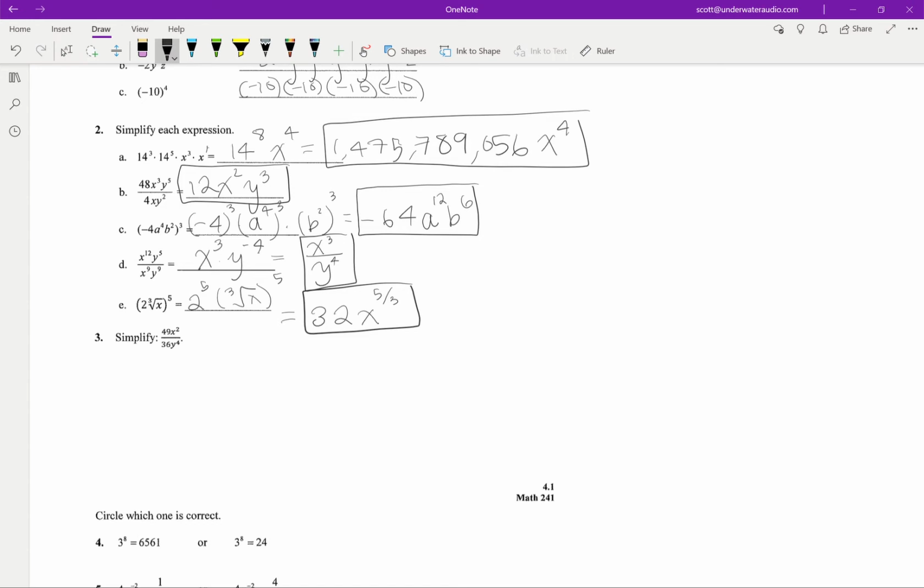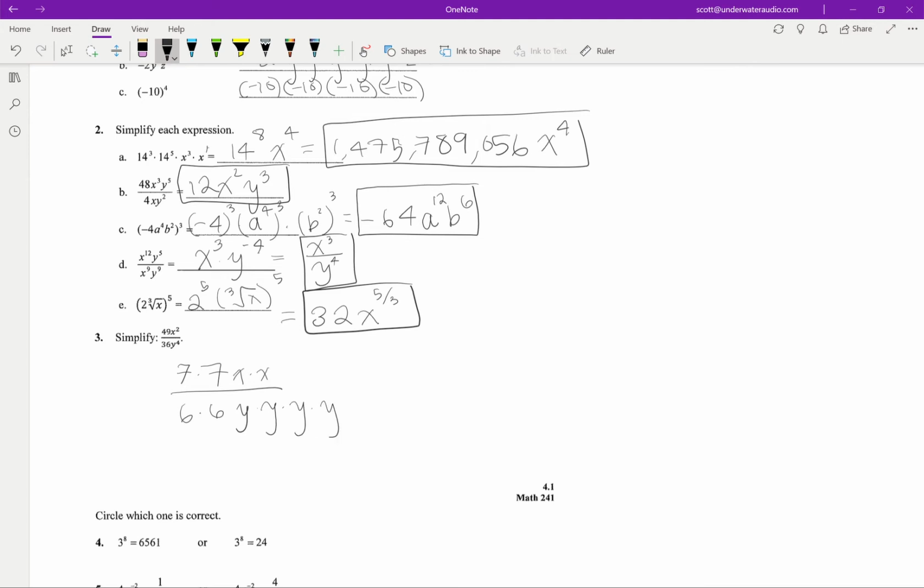Simplify 49x squared over 36y to the 4th. So, let's see. 49 is 7 times 7. Then I have x times x. And then I also have 6 times 6. Ooh, y times y times y times y.